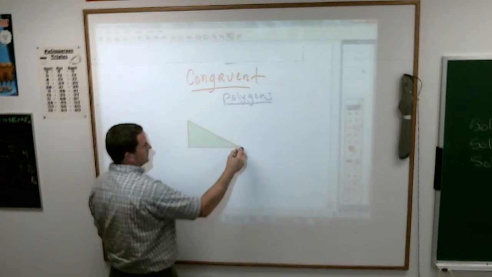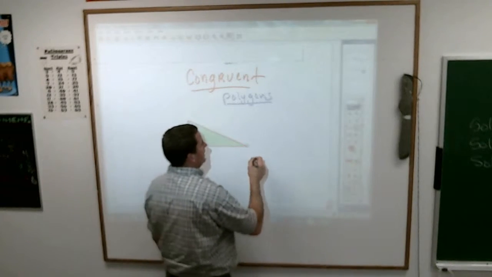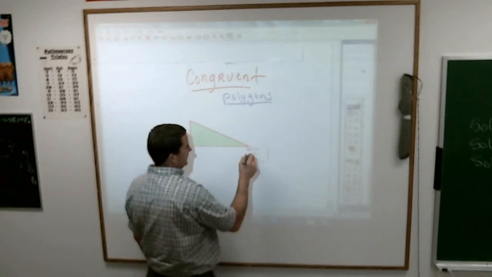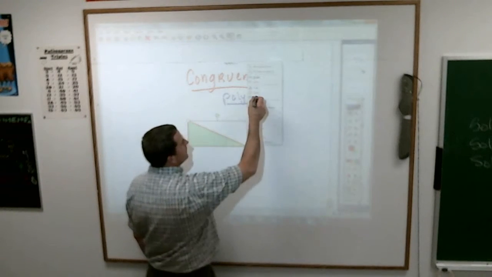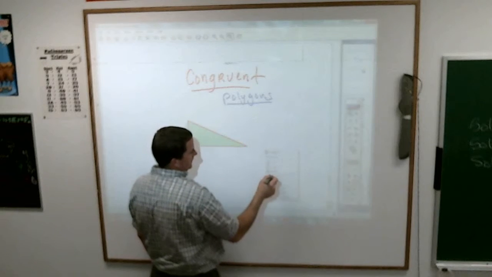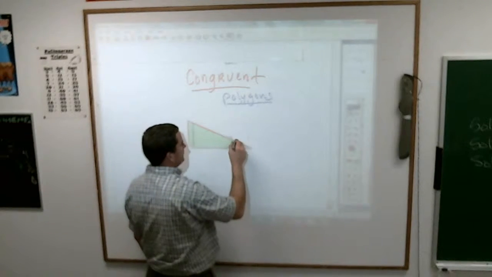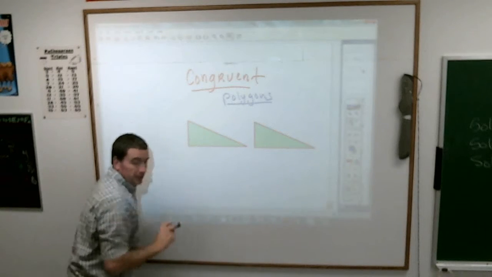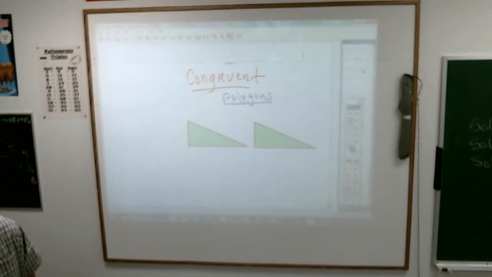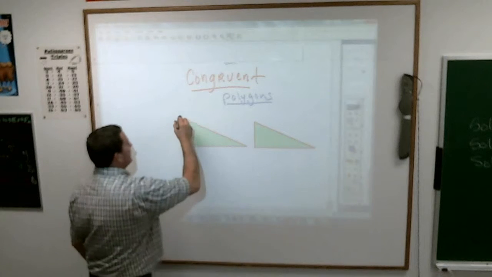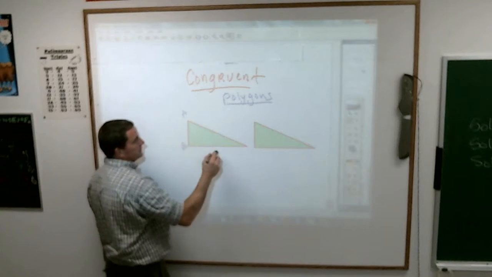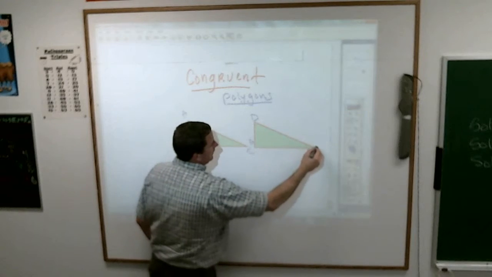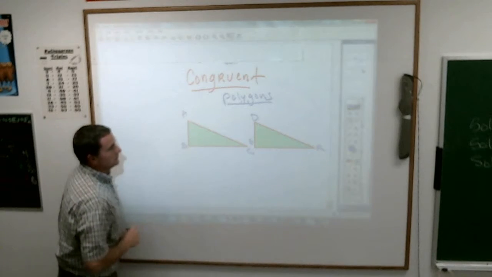Let's do this. Okay. Here I have a triangle. These two triangles, and I'm going to label them. I'm going to go A, B, C, D, E, F. Now see if you can work with me.